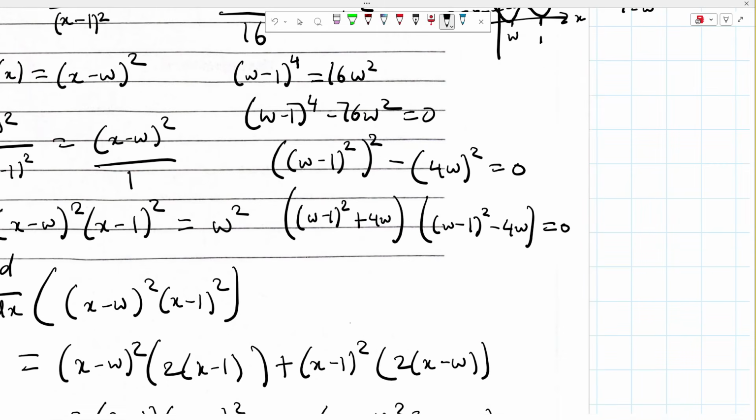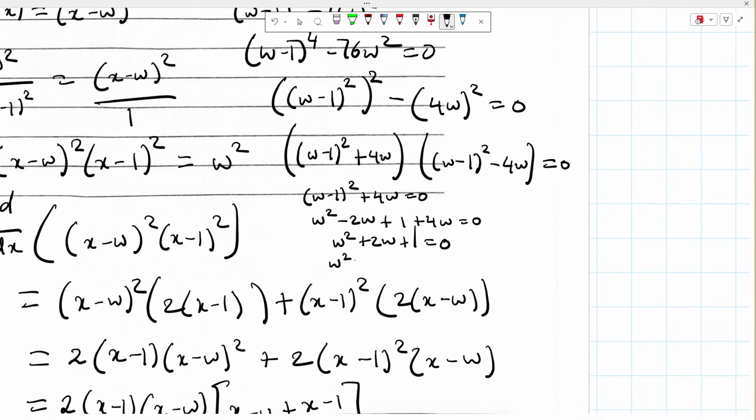So we get w minus 1 squared plus 4w is equal to 0. w minus 1 squared is just w squared minus 2w plus 1, plus 4w is equal to 0. This is w squared plus 2w plus 1 is equal to 0.